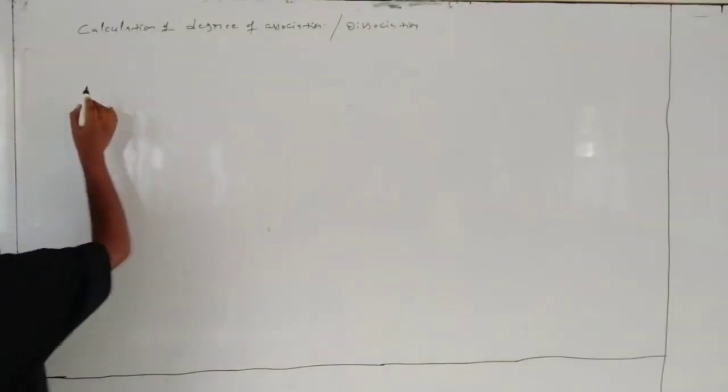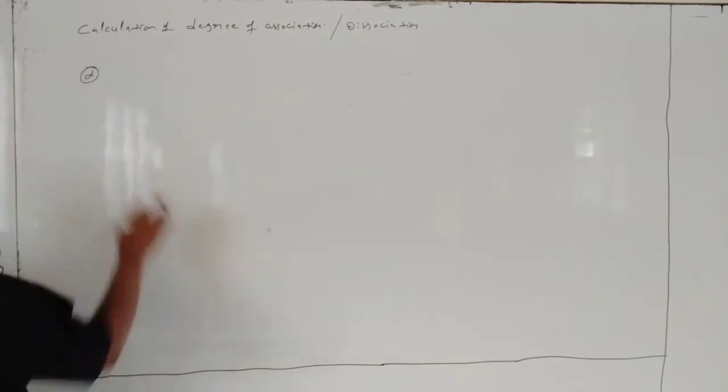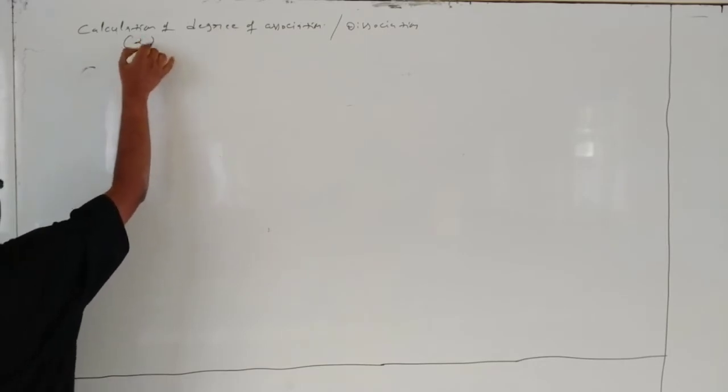It is denoted by alpha. So how is it calculated?